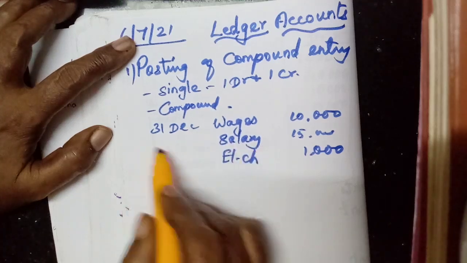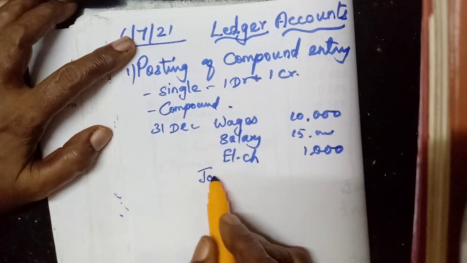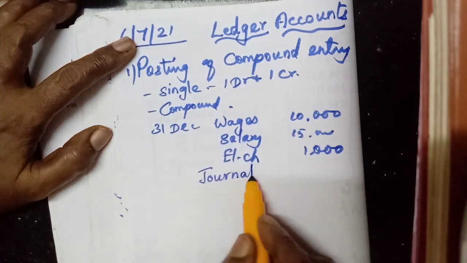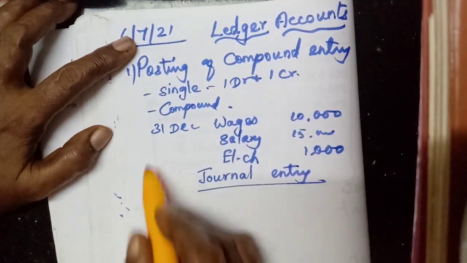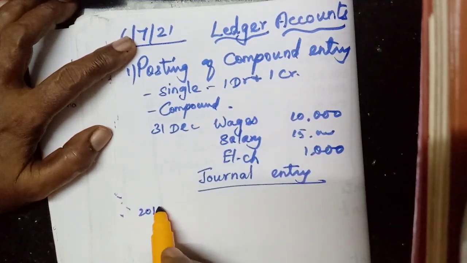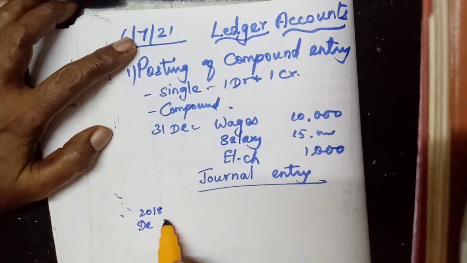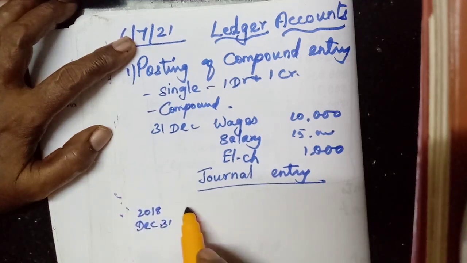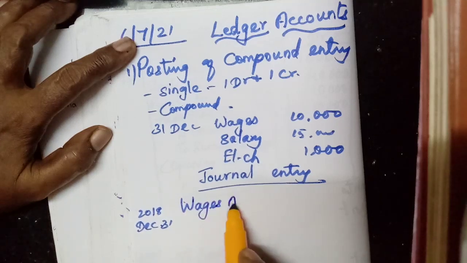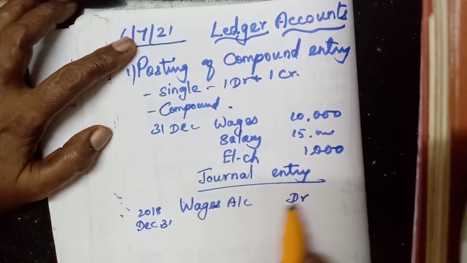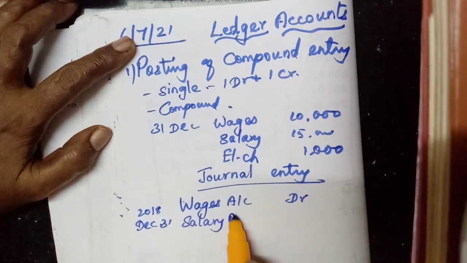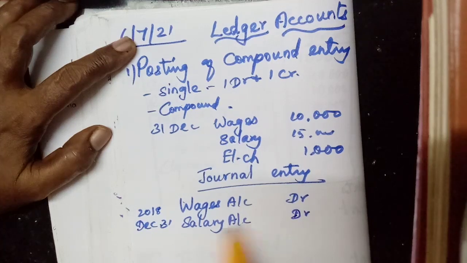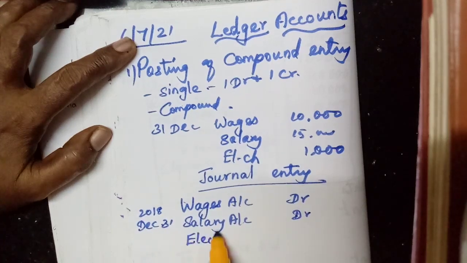So here on this day we can prepare the journal entry like this. Journal entry. Here the date we have to write, for example, 2018, December 31. Here wages account debtor, salary account debtor, electricity charges account debtor.